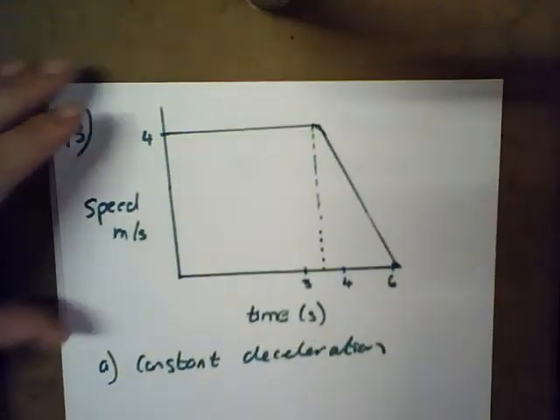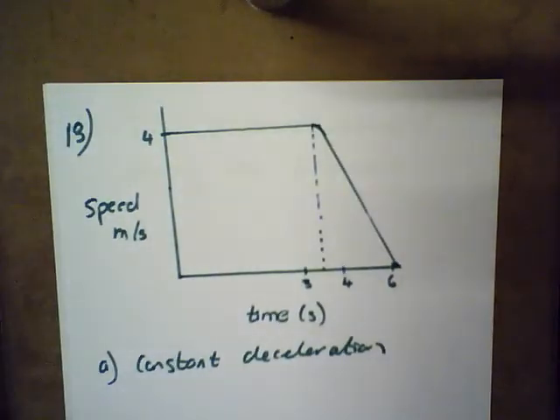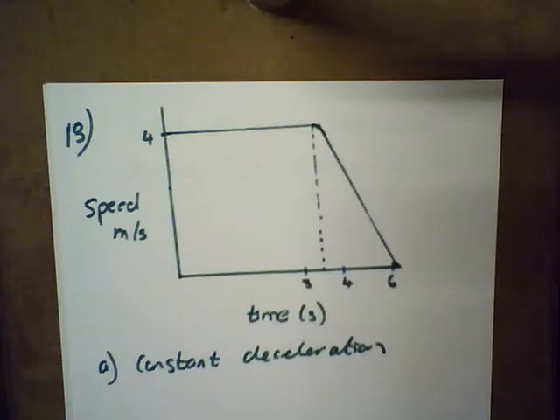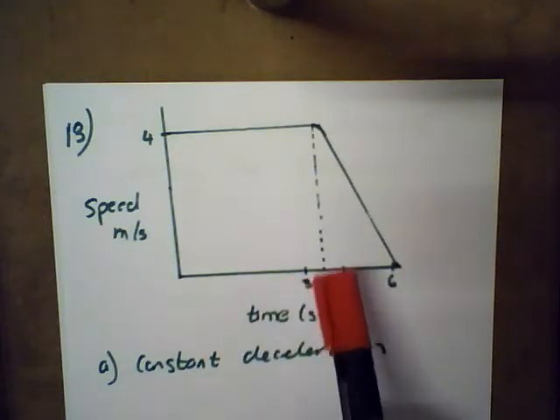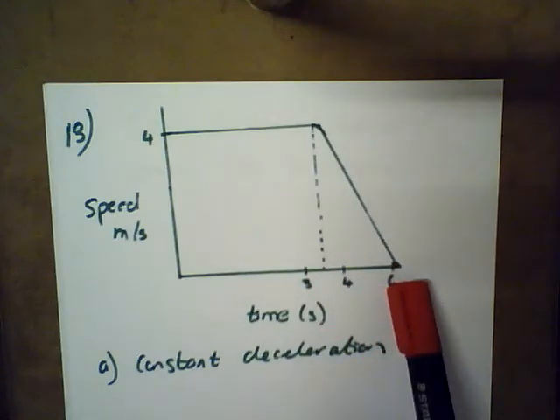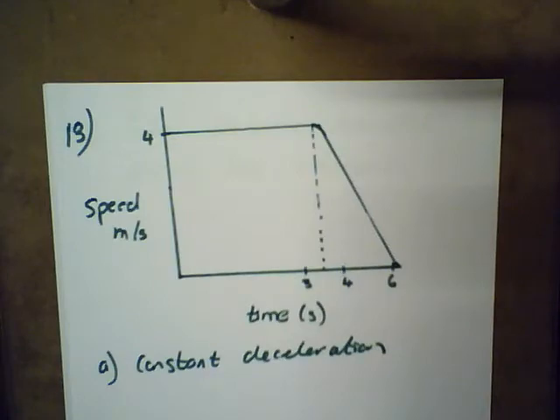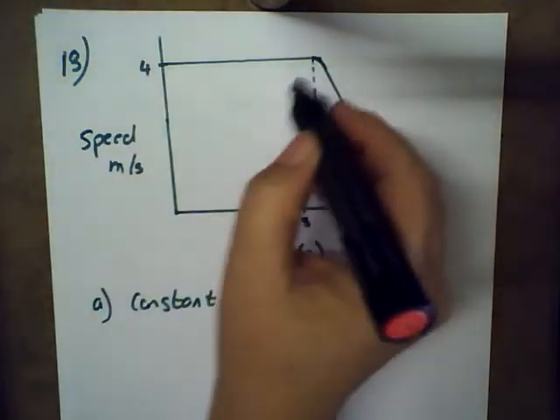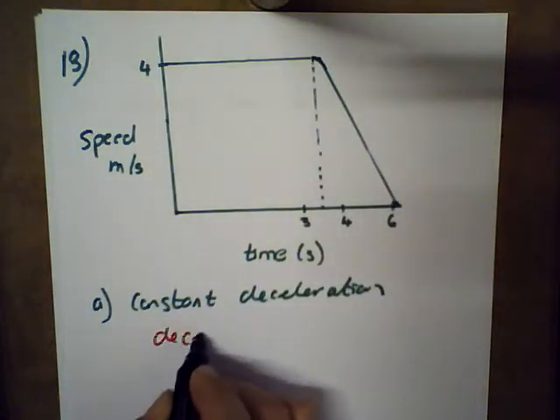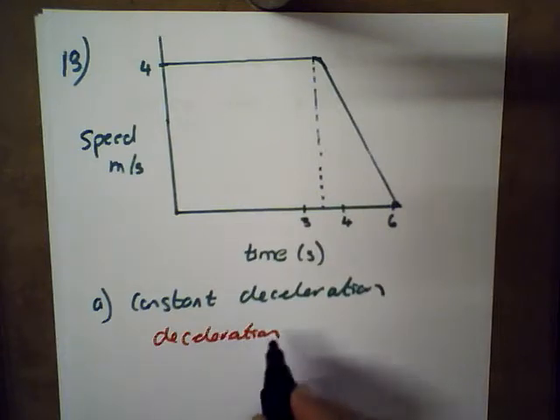Okay, next question, Question 13. We have a speed time graph, and they say she cycles at 4 meters per second. After 3.5 seconds, she starts to decelerate for a further 2.5 seconds, and then she stops. Calculate the constant deceleration. We know that the deceleration would be the gradient in a speed time graph.